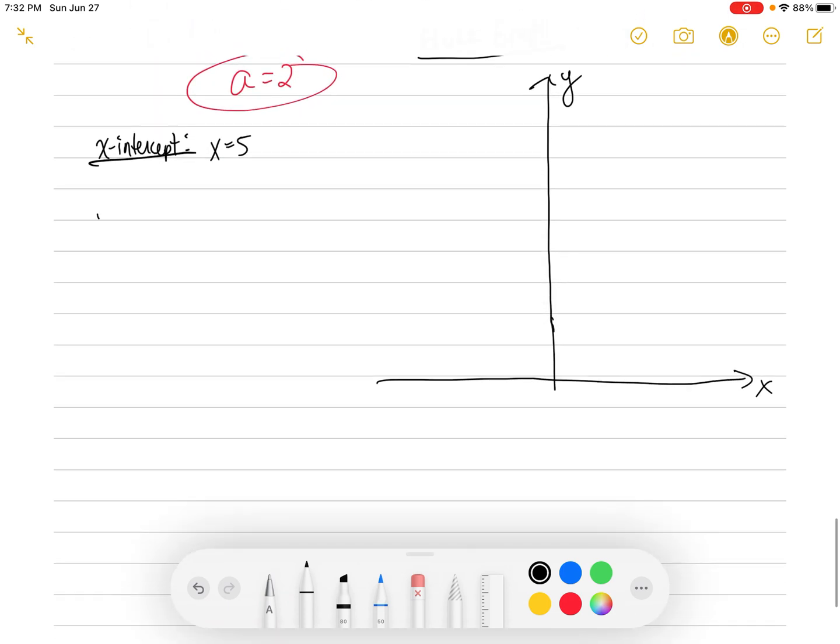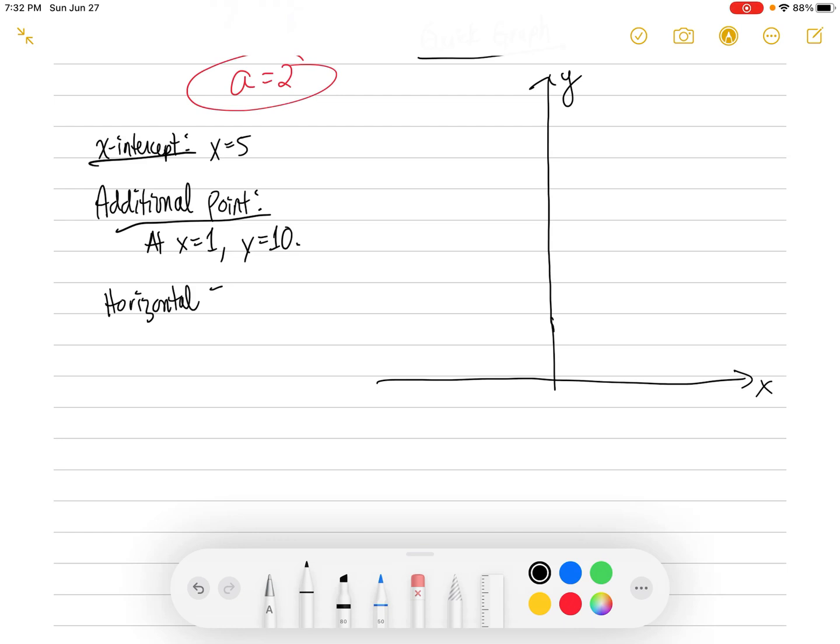And then you pick out one more point. We'll pick out the second point, (1, 10). I'll call this the additional point. So at x equals 1, y equals 10.